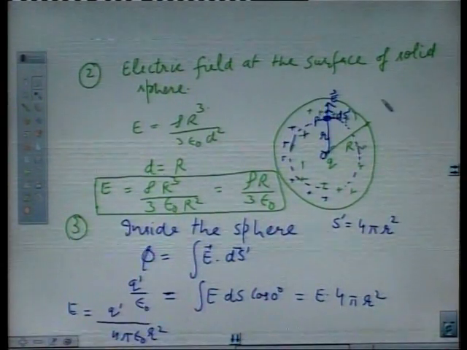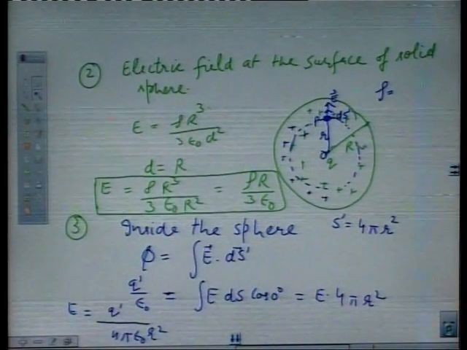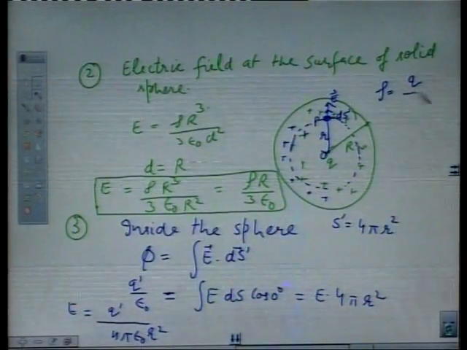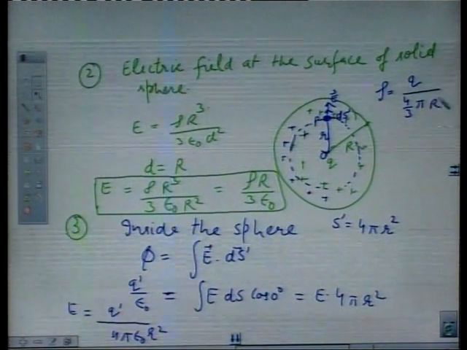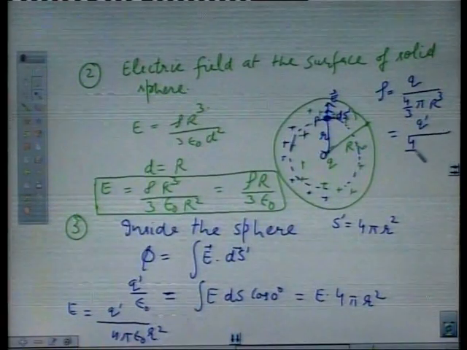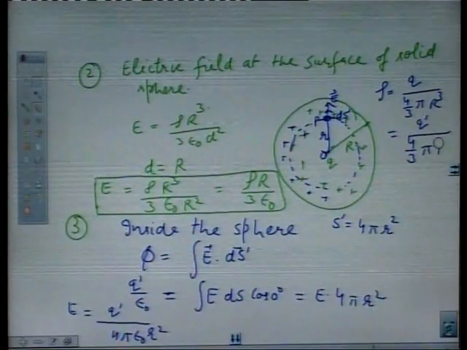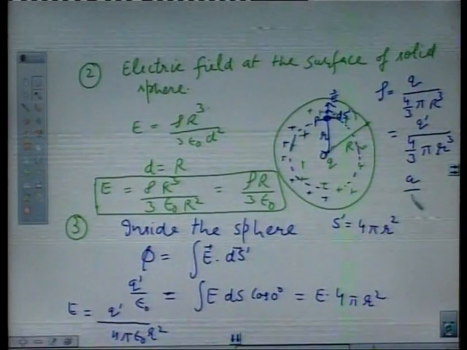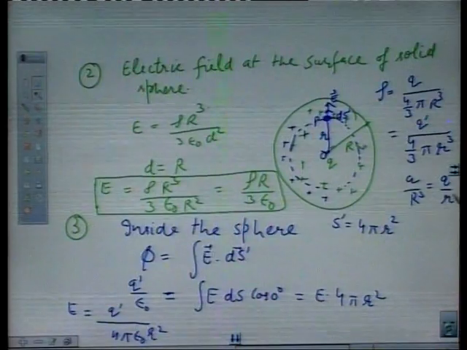Now since this is a volume charge distribution, the volume charge density rho is equal to q upon 4 upon 3 pi R cube, which is equal to q dash upon 4 upon 3 pi r cube. So q upon R cube is equal to q dash upon r cube.